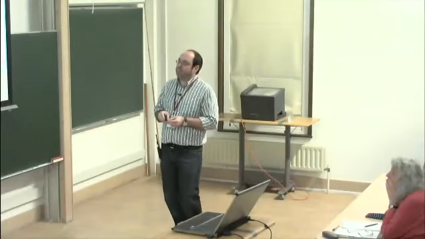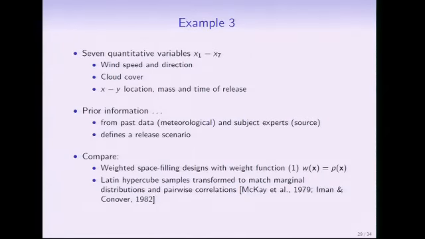We have to construct empirical distributions from, for example, the meteorological data. So we'll compare our weighted space filling design just with the first weight function, where we just take the probability density that we construct as our weight function, and we'll compare that to doing some Latin hypercube samples which are transformed to try and match that distribution.